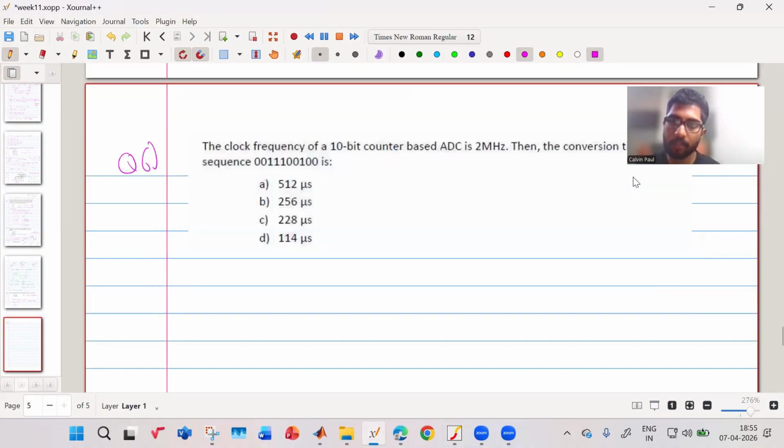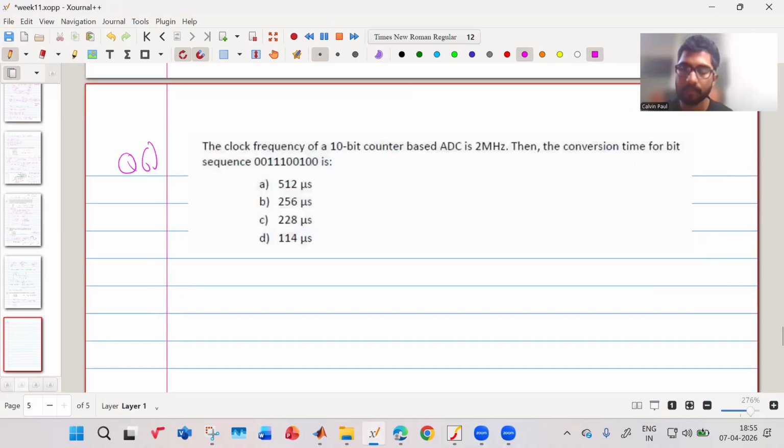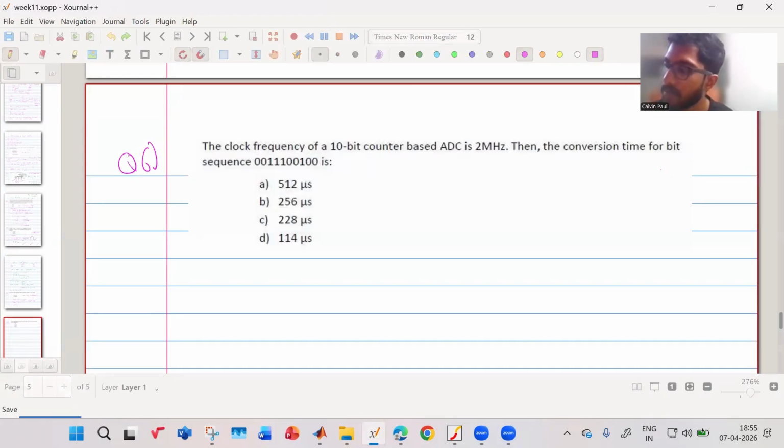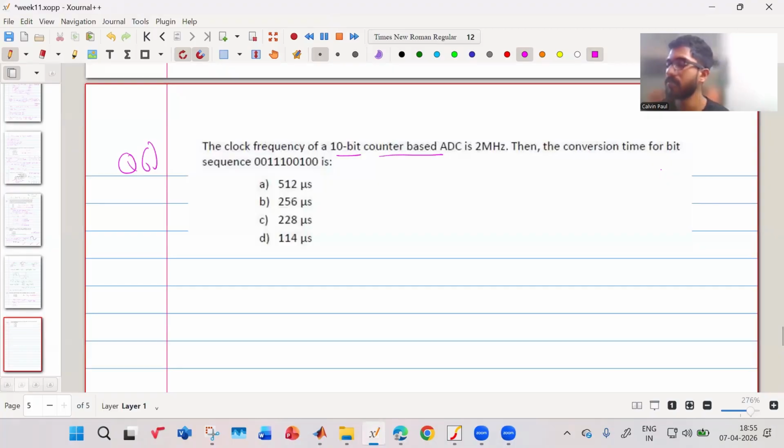This is a 10-bit counter-based ADC. How do you find the conversion time? You have your F clock as 2 megahertz. So what is the conversion time for this ADC?